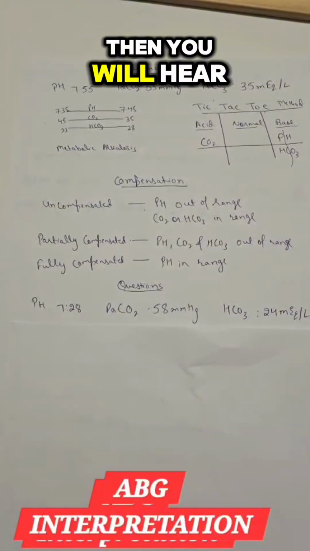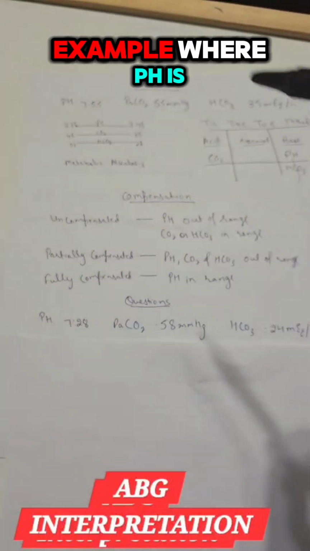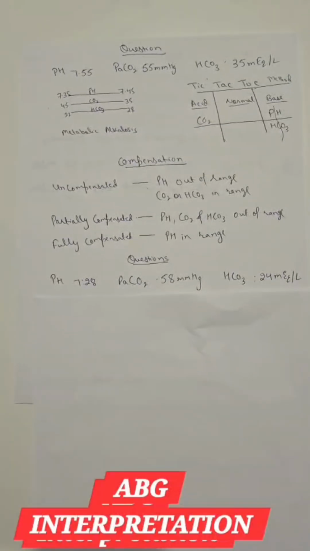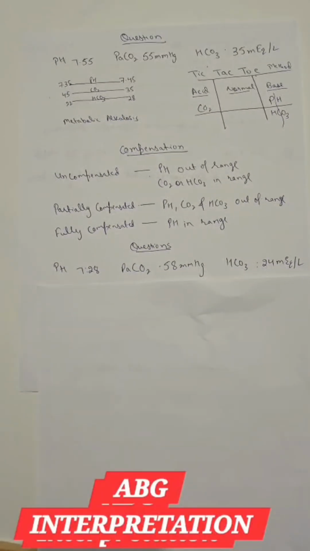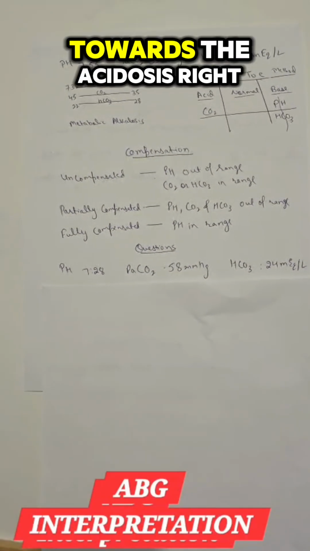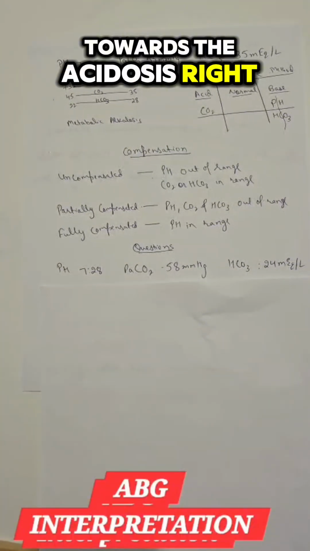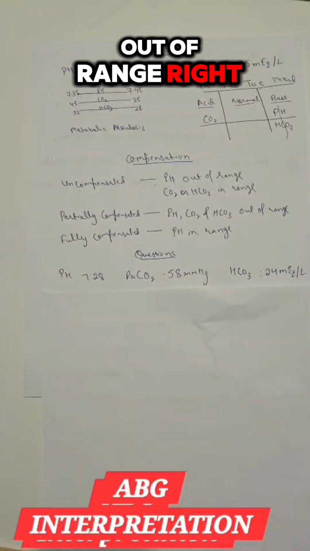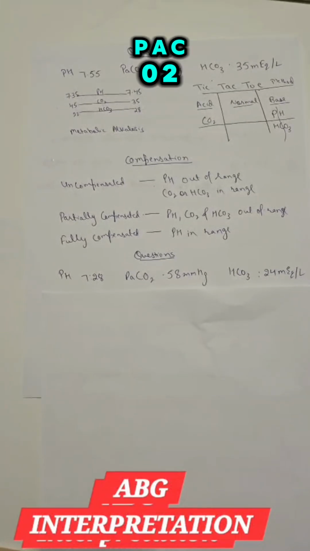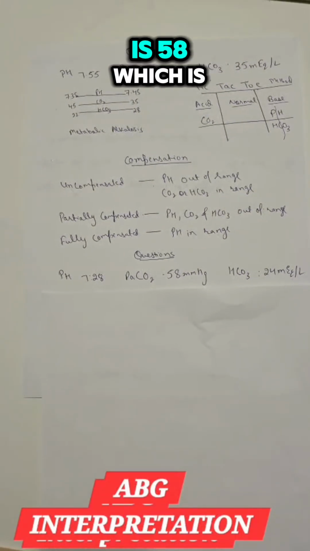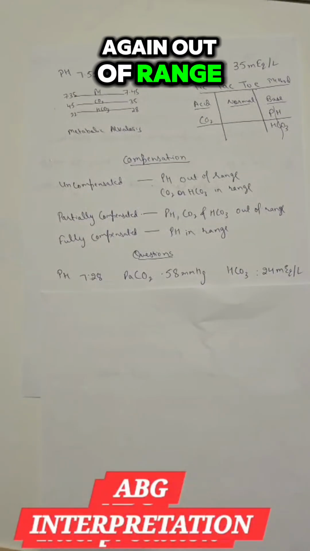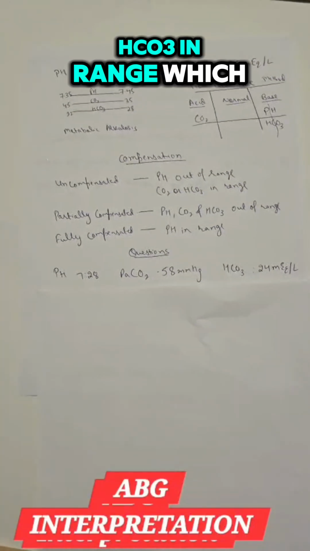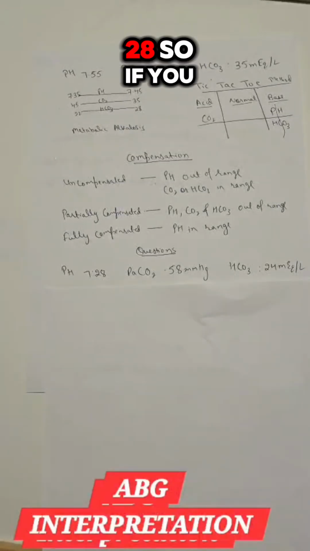Then you will see one example where pH is 7.28, which is towards acidosis, right? It's out of range, right? PaCO2 is 58, which is again out of range. HCO3 is in range, which is 22 to 28.